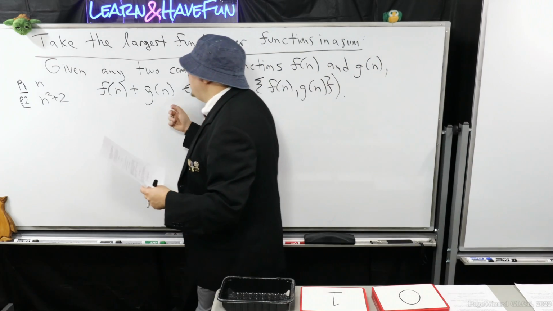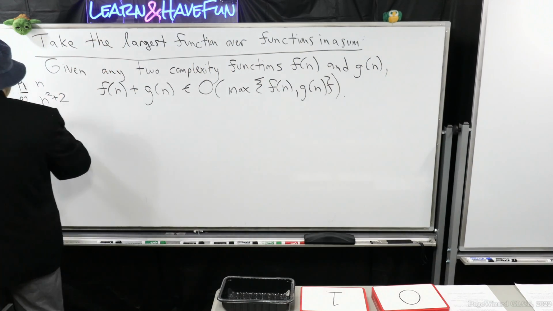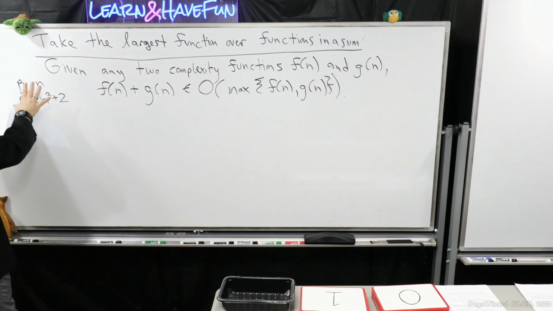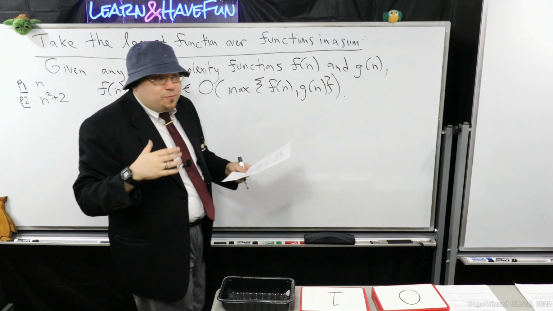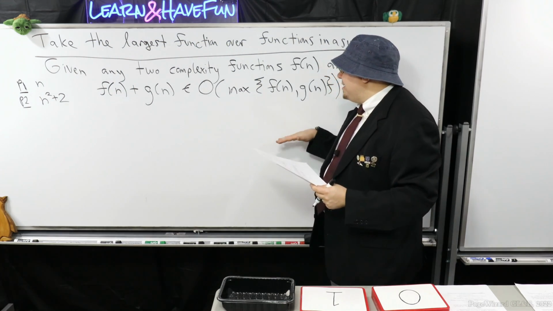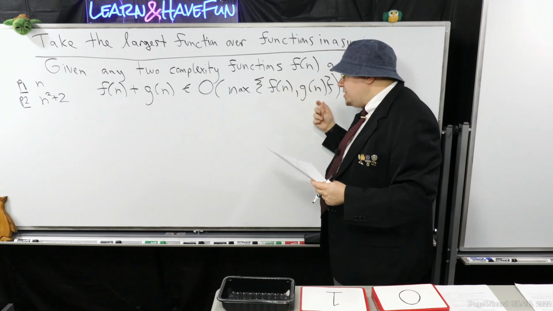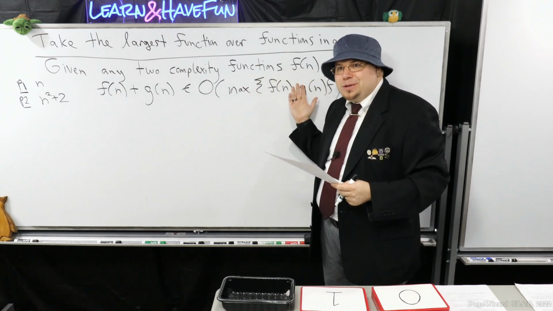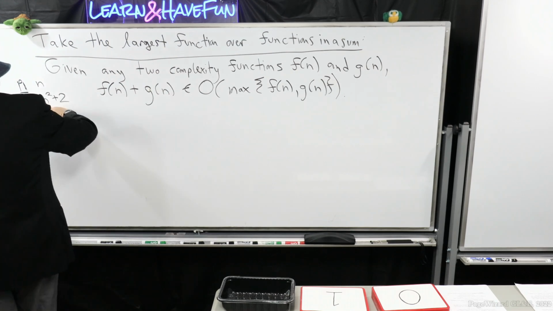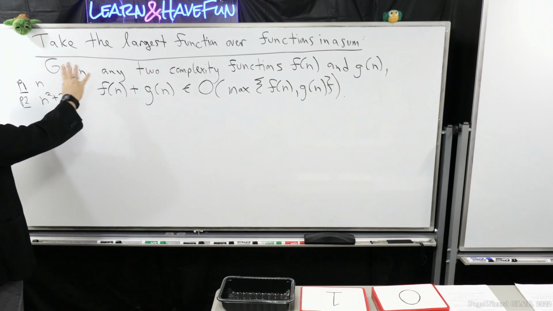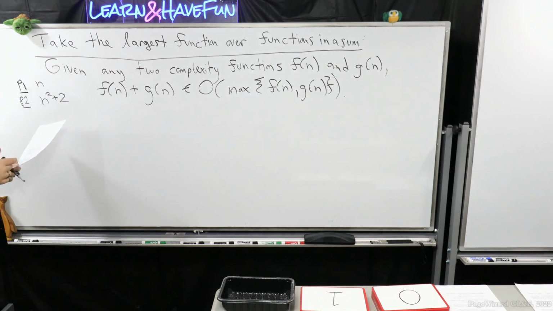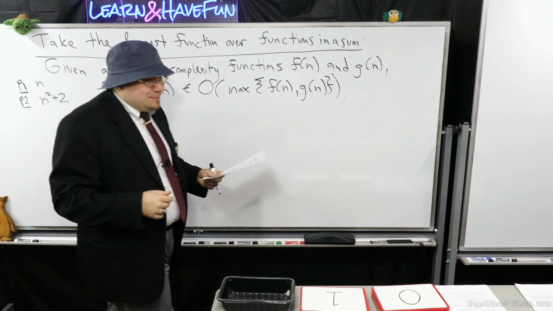What this max rule is saying to you is that if you take the sum of these, suppose these are the total number of operations in your algorithm, though it doesn't have to mean that, then you take the max of f and g and you get that in terms of big O. In this case, you have n squared plus 2, so you could simply say that the sum over all of these is big O of n squared plus 2, which more simply is big O of n squared.